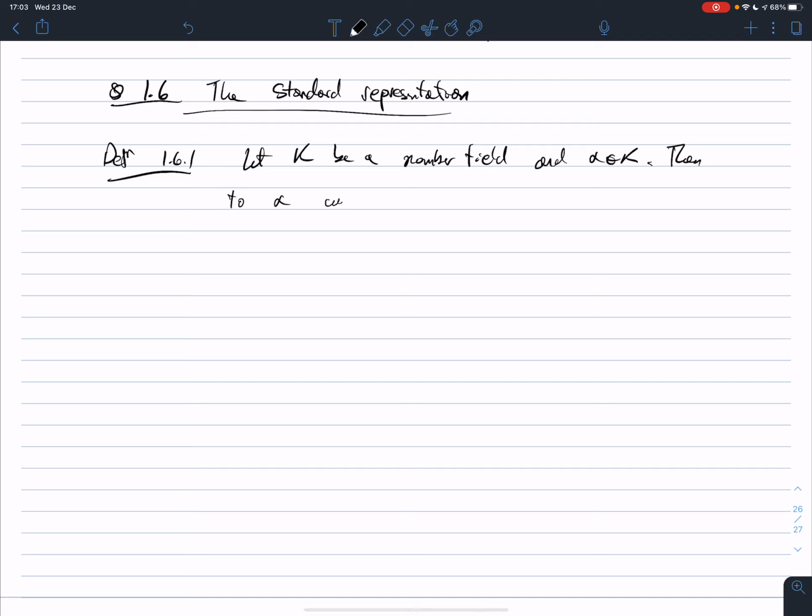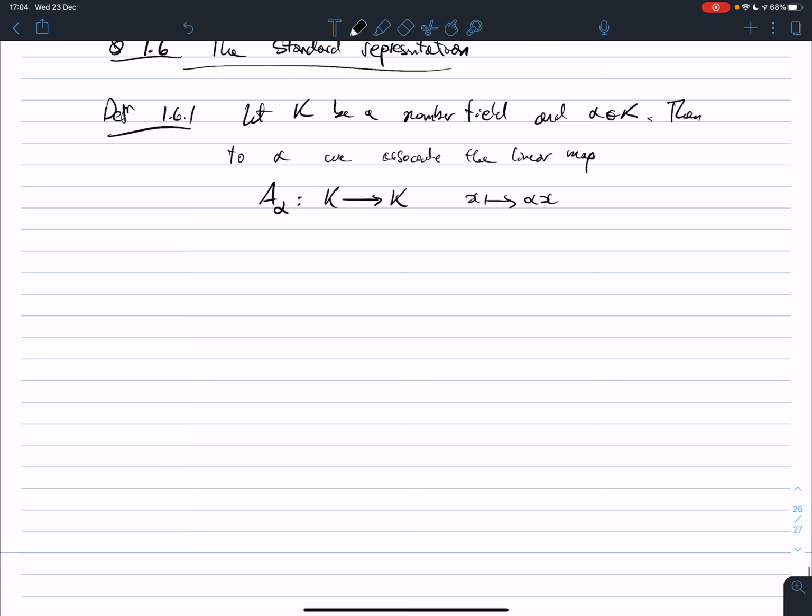To alpha, we associate the linear map A alpha, which is going to go from K to K, given by sending x to the element alpha times x. So it's just multiplication by alpha.